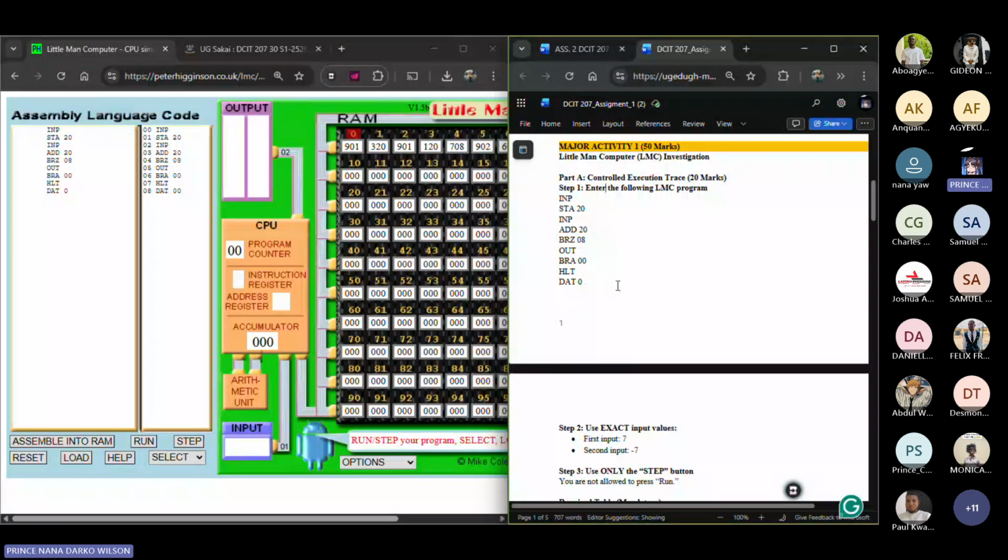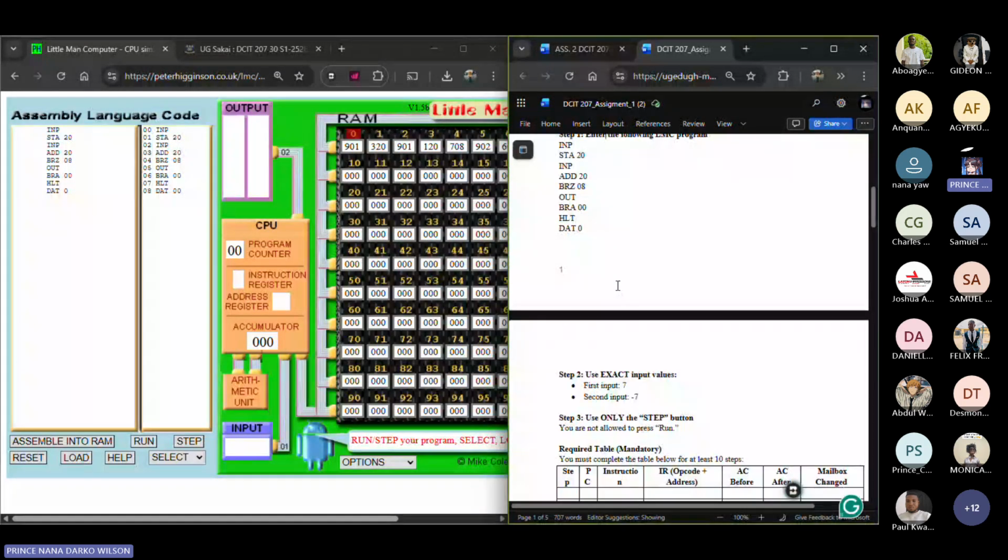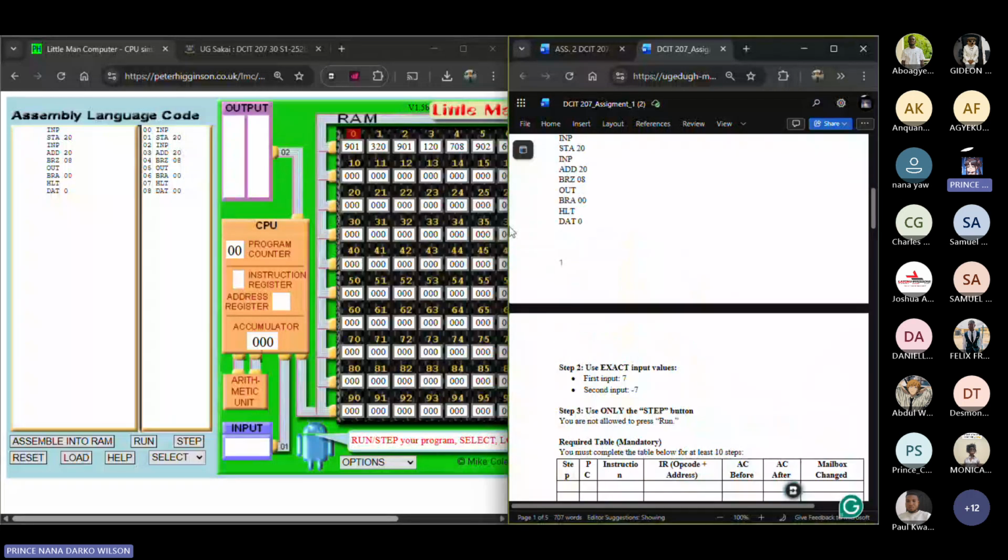Right, let's proceed. After you load that code into your simulator, step 2 says you should run the code, and when you are asked for inputs, enter these two inputs: 7 as your first input and then -7 as your second input. It also says we should only step the program. It means we shouldn't run it fully.